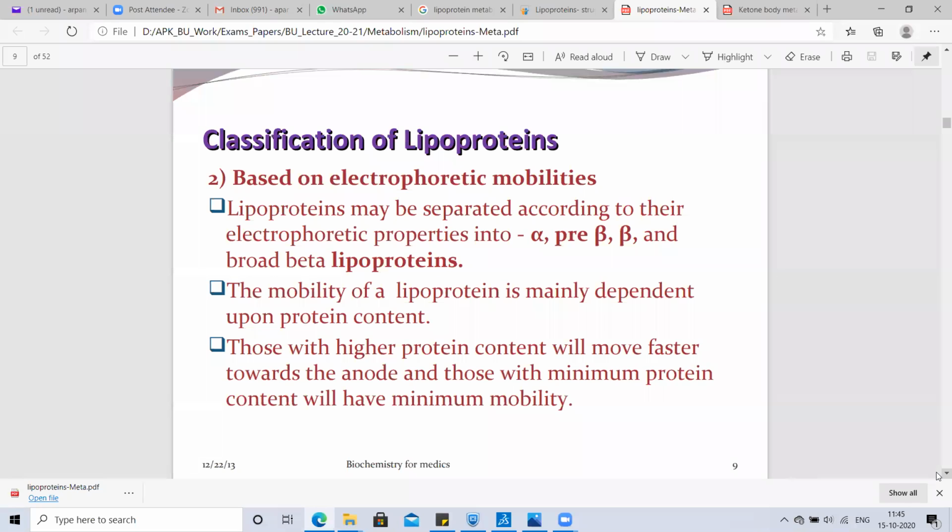As we did SDS-PAGE earlier in our lab, we know that the protein composition of a molecule decides which protein moves faster in the gel compared to its counterparts. Those with higher protein content will move faster towards the anode, and those with minimum protein content will have minimum mobility.